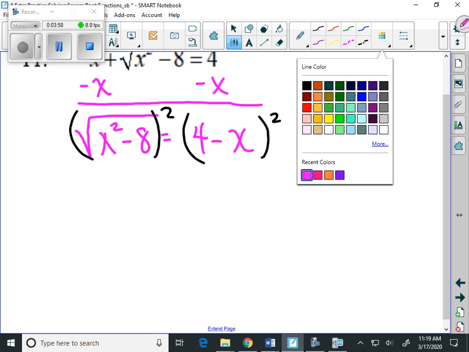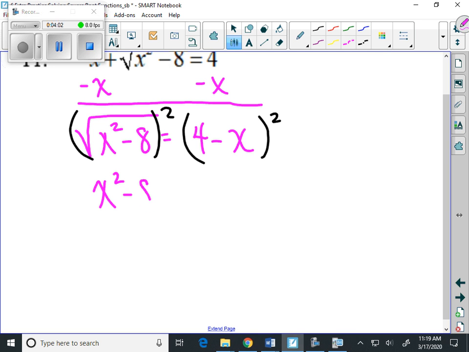As we look at this, on the left side, square rooting and squaring cancel each other out. I'm starting to get redundant here. 4 minus x squared does not mean 16 plus x squared or 16 minus x squared. It means 4 minus x times 4 minus x.